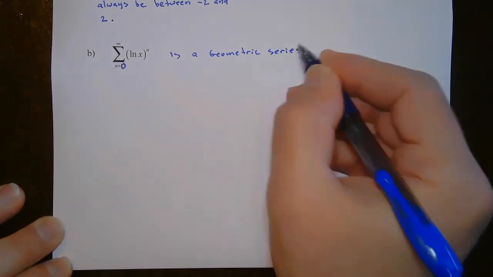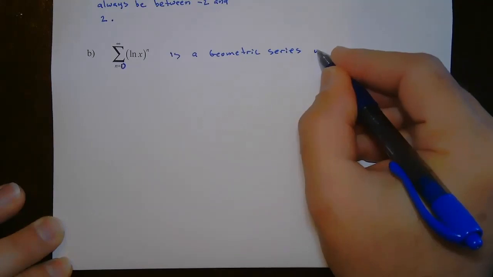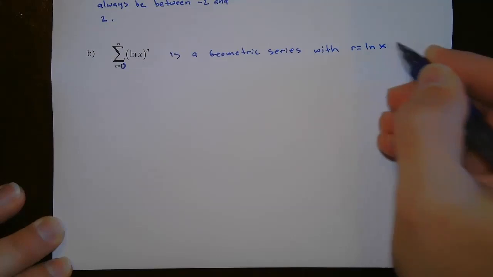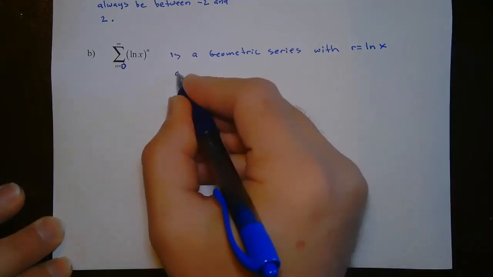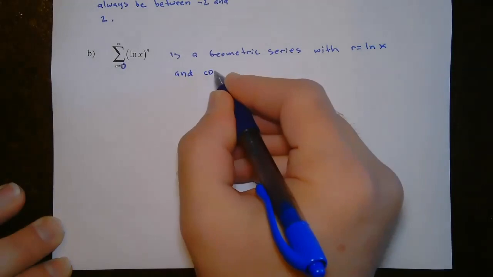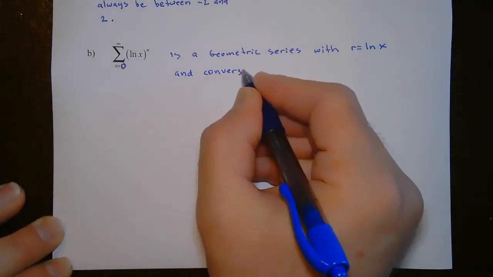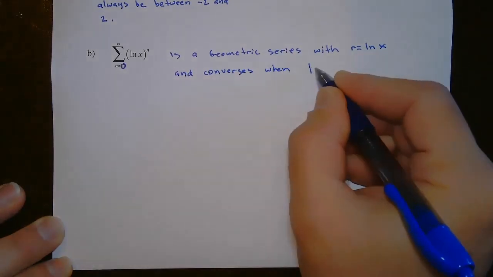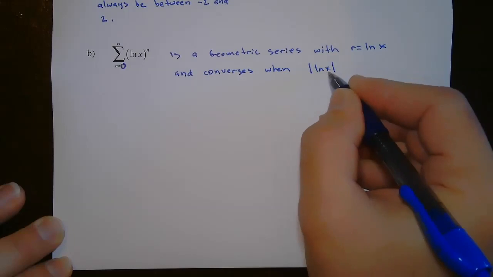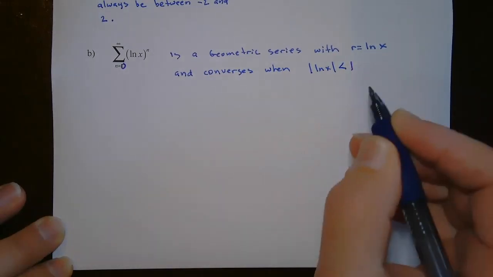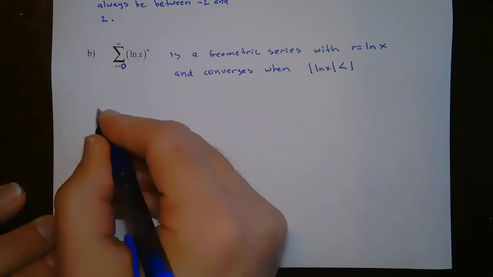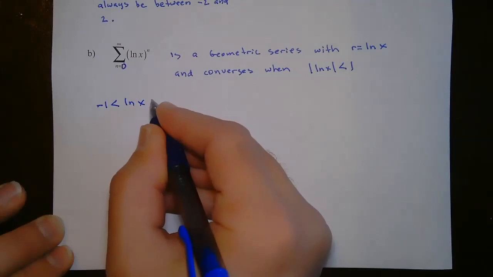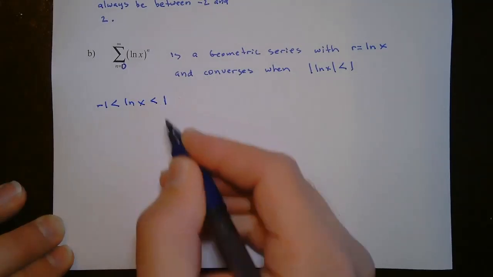This is a geometric series with r equal to the natural log of x and converges when the absolute value of the natural log of x, because that's our r, is less than 1. This would mean that -1 is less than the natural log of x, which is less than 1.